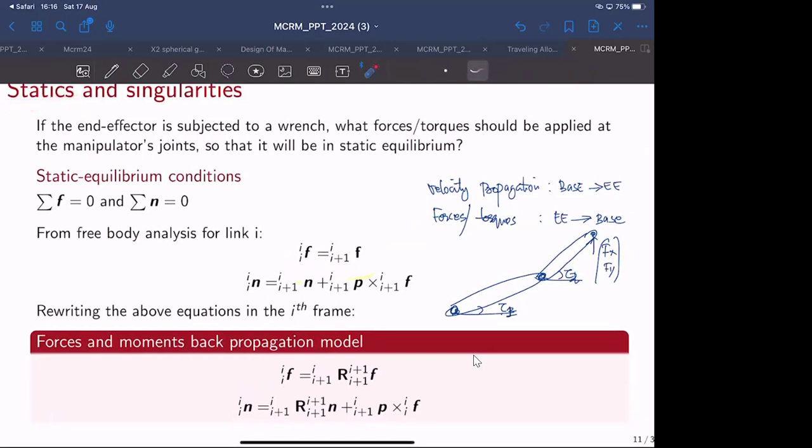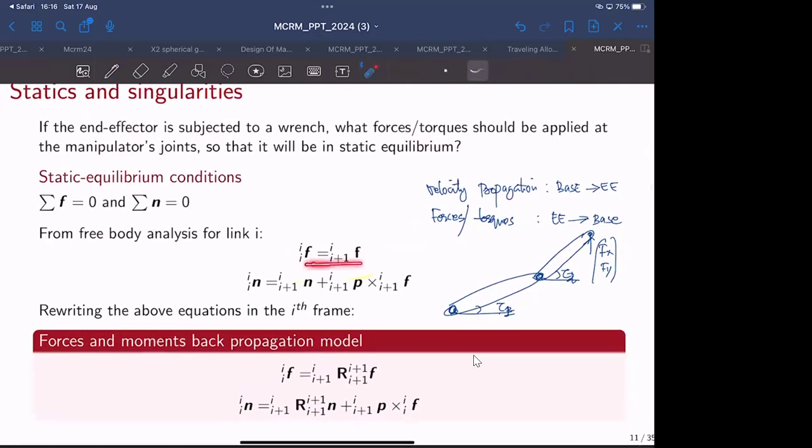And to solve this force equilibrium condition, you only need to take the free body diagram of each of these links. For example, if I take the free body diagram of this link, the final end effector link. So at the end, you will have the forces F(i+1), and here it is nothing but Fi.